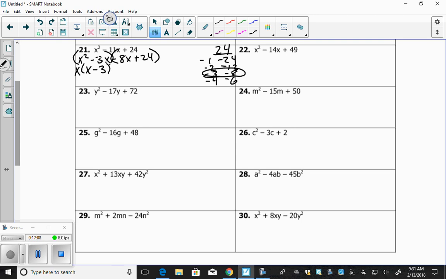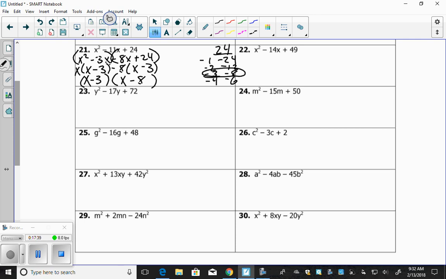Negative 8. Oh, that should not be a plus. That should be a minus 3, because 24 divided by negative 8 is negative 3. x minus 3, x minus 8. Okay.